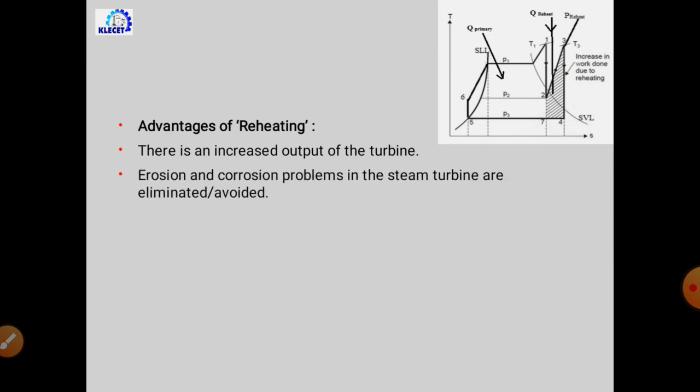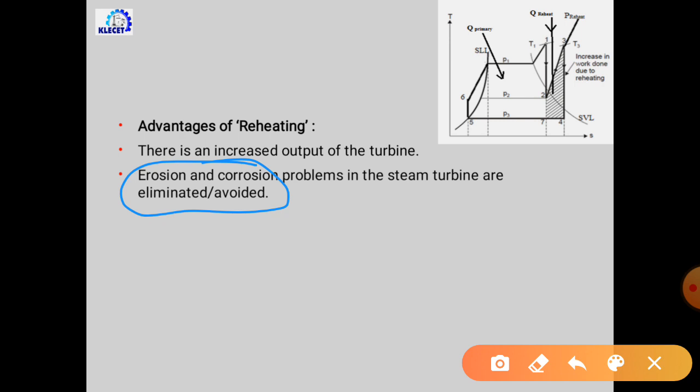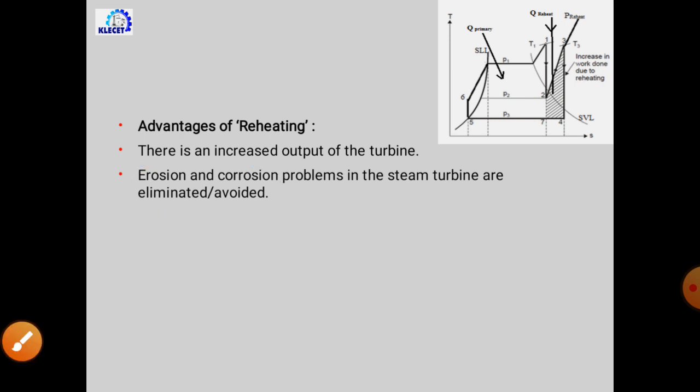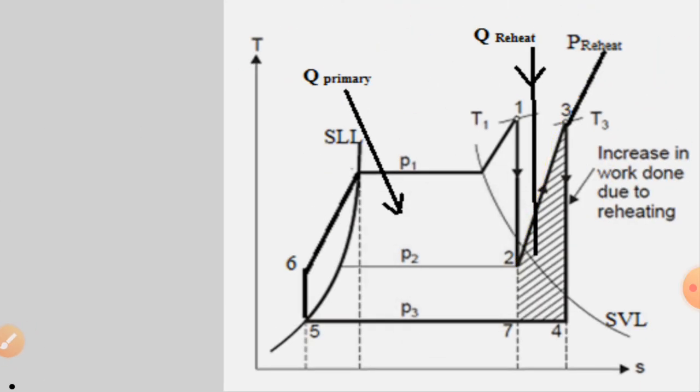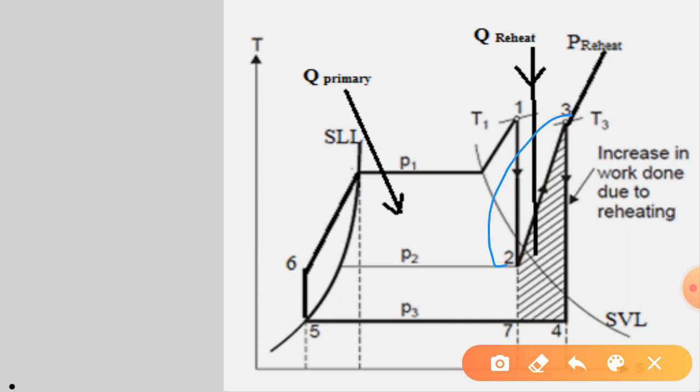So then again, erosion and corrosion problems in the steam turbine are eliminated or avoided. So how are erosion and corrosion avoided? Because of reheating process, we are increasing the quality of the steam. So without reheating, the steam which is coming out of the turbine is in the 7th state, which has less dryness fraction.